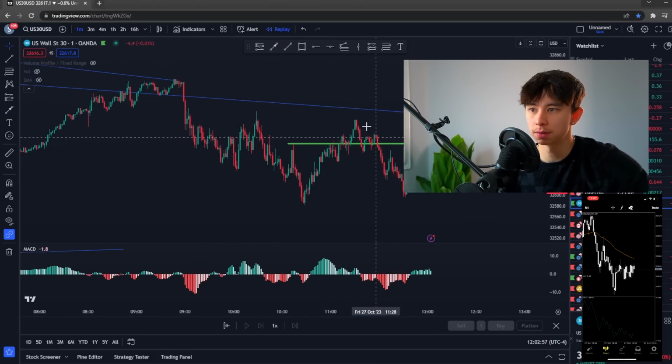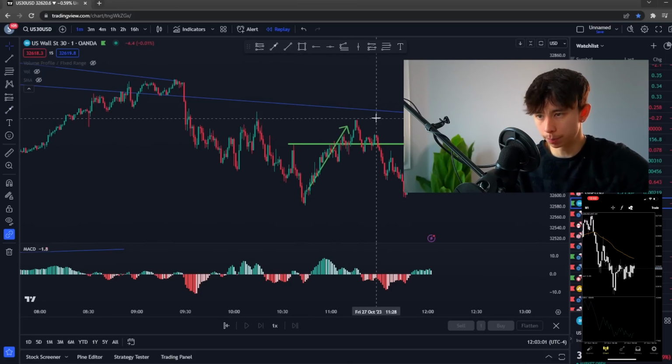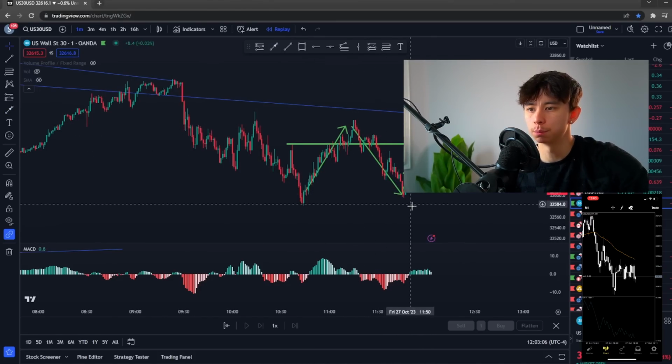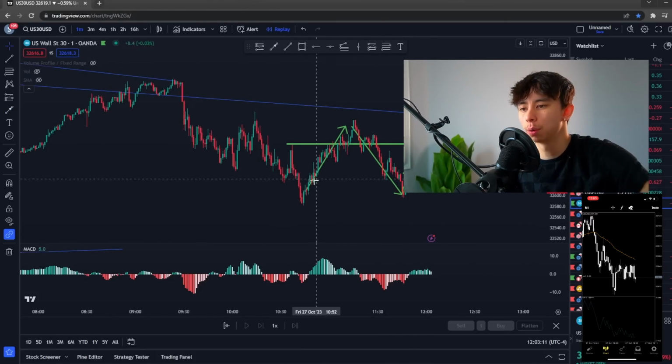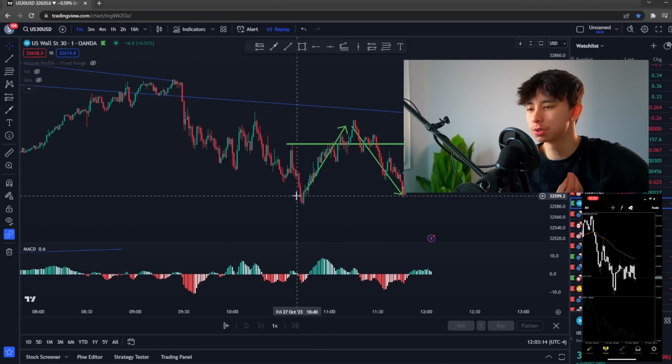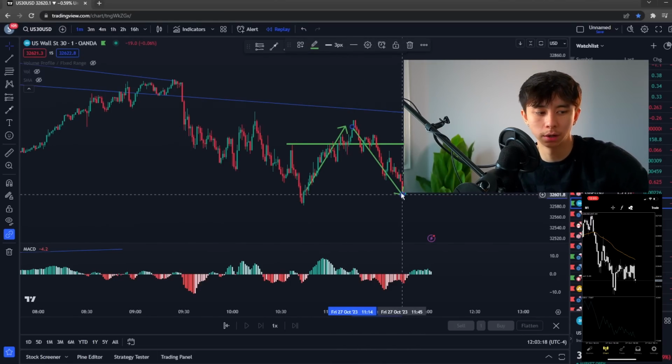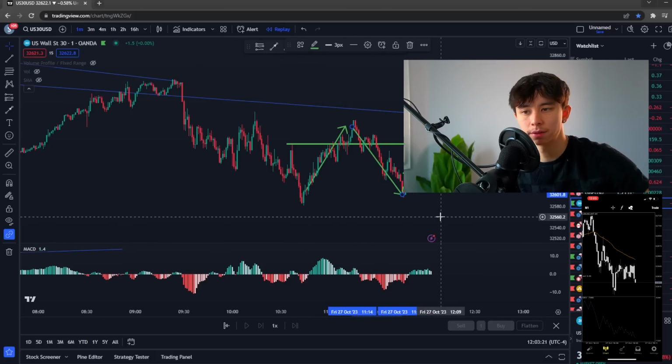Price immediately came back down, and as you can see, this super impulsive move to the upside just had a nice impulsive move to the downside, basically showing that price, just as much as it was bullish to get up to here, was just as much bearish to get down to there. So this kind of price action here meant nothing for price.